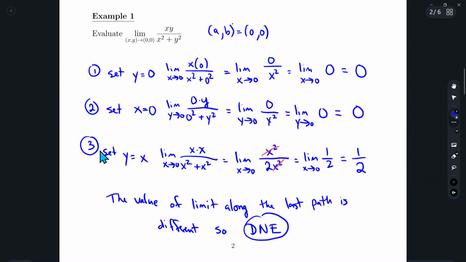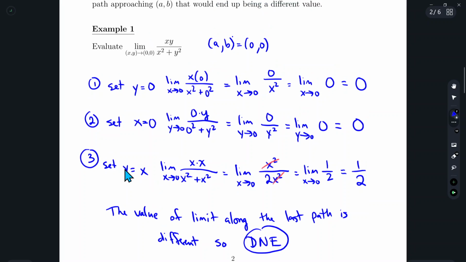So when we calculated the previous example, when we set y equals x, how did this value become a different value than 0? Let's go back to what happened here.